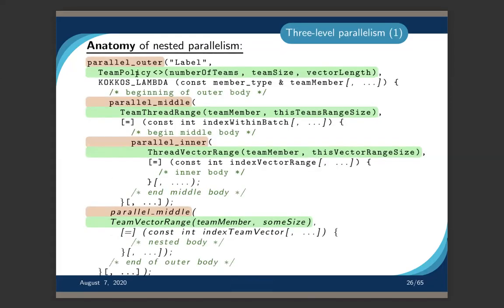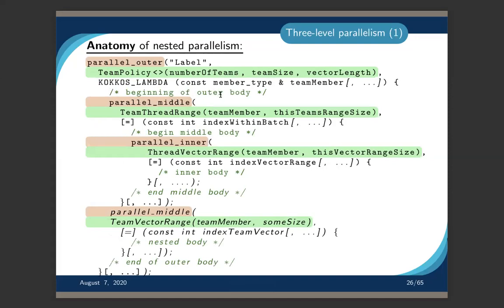So how does that look? Basically, you can write stuff like this. You can have an outer loop, which is the team policy. Then you can start a team thread range. In that team thread range, you can do a thread vector range. You can also do, at the same level as the team thread range, a team vector range. You can actually do a thread vector range at the same level as a team thread range, right?